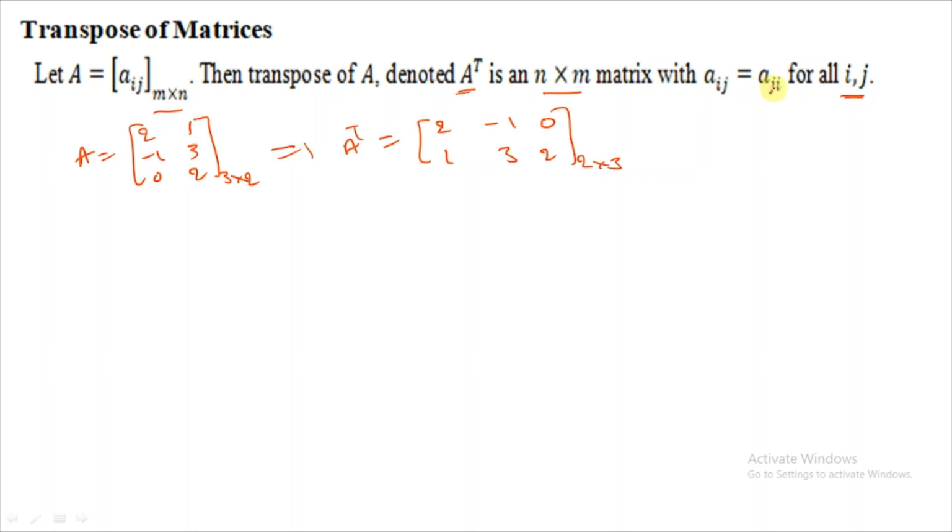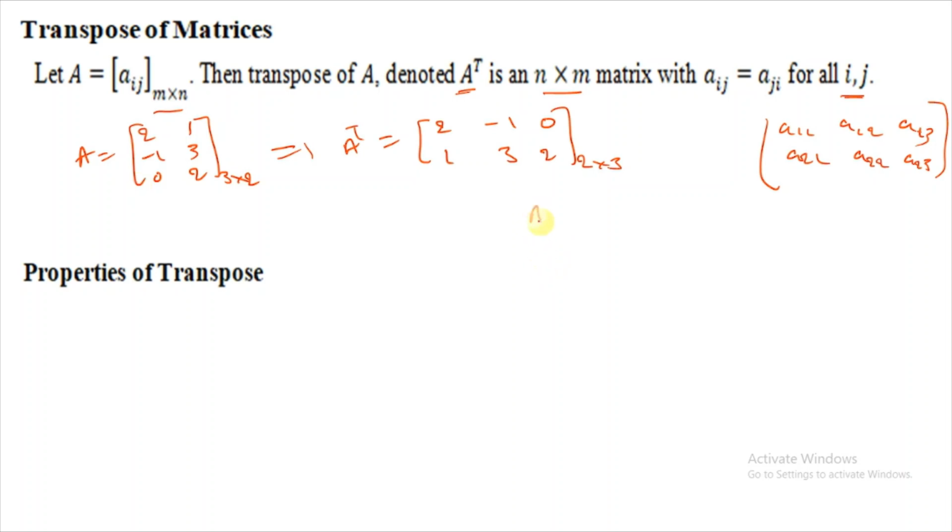That means Aij is transposed to Aji. We write A11, A12, A13, A21, A22, A23. In the transpose, A11, A21 are interchanged; Aij is the same as Aji. Rows are transformed to columns.